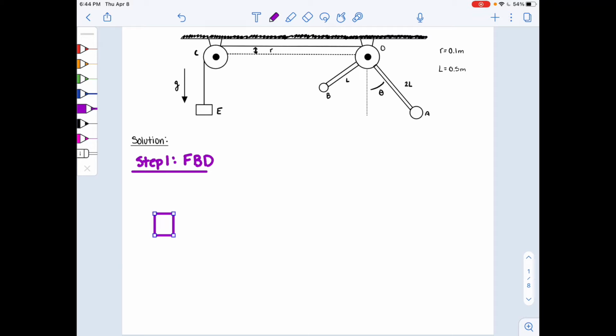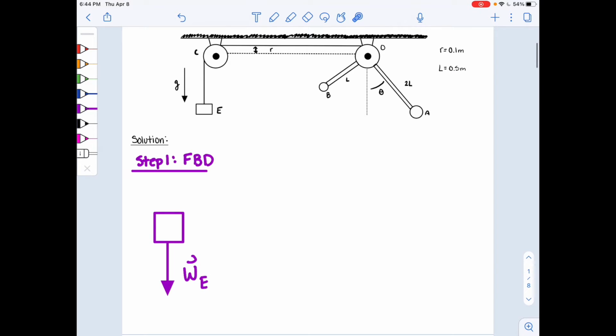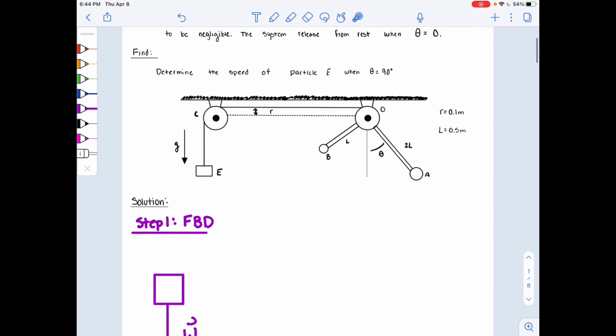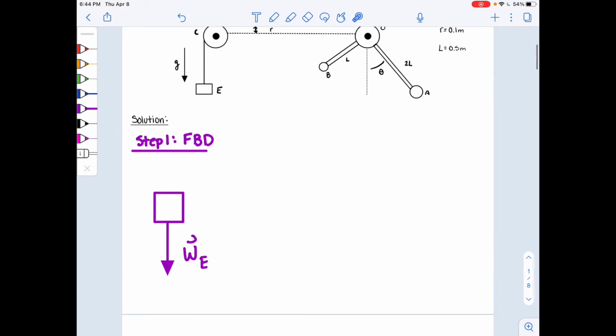We're going to draw a box right here, make that just a little bigger, and then draw our forces that are acting on it. Weight is going to be the only one acting on this because the problem did state to consider the mass of the pulley to be negligible. So that means we're not going to have any tension force right there.